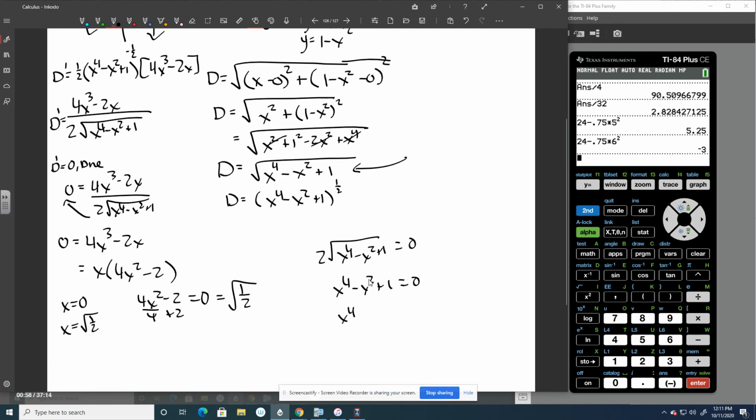So I get x to the fourth minus x squared equals negative 1. Now here's the problem. Well, maybe not yet. Let's factor this a little bit. So I get x squared times x squared minus 1 is equal to negative 1. When I square x, I'm going to get a positive, but then I have to minus 1.